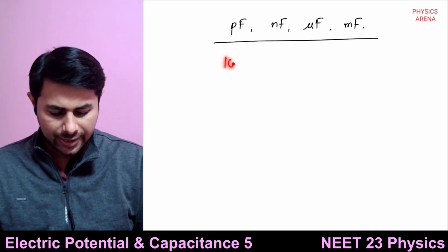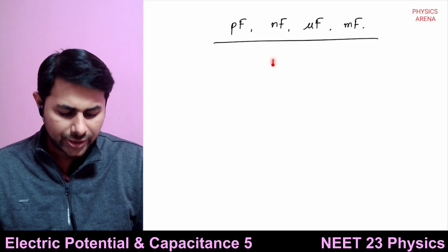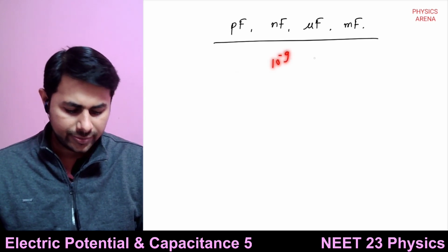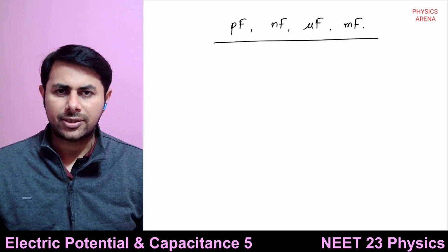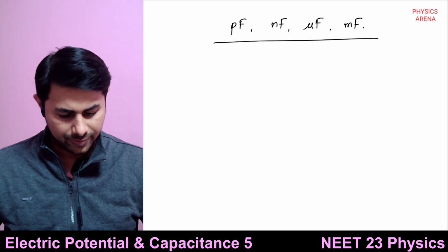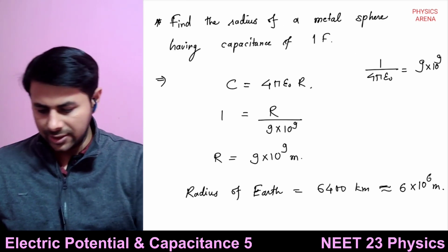Pico is 10 raised to minus 12, nano is 10 raised to minus 9, micro is 10 raised to minus 6, milli is 10 raised to minus 3. This we know, right? So is this clear?